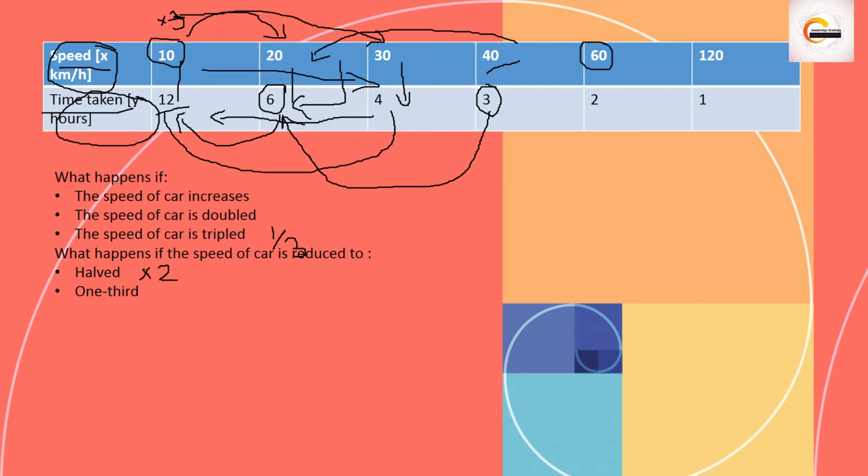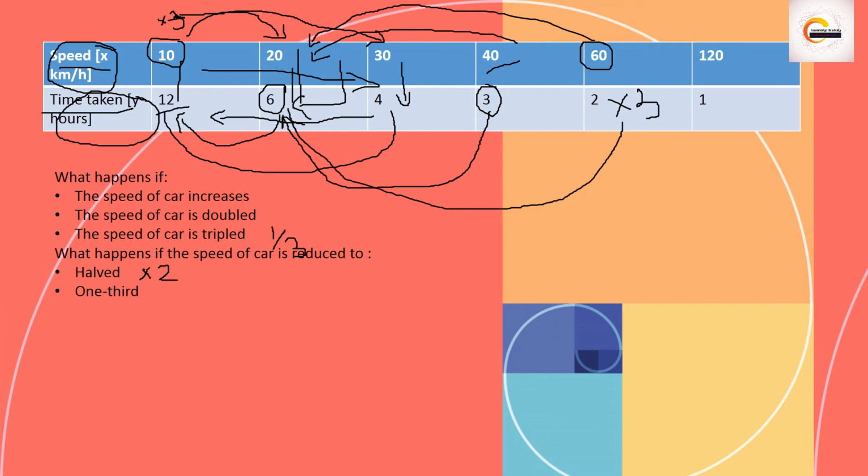What happens if the speed is reduced to 1/3? So let's consider this case. 60 divided by 3 is 20. If the speed is reduced to 1/3, what happens to its corresponding time?